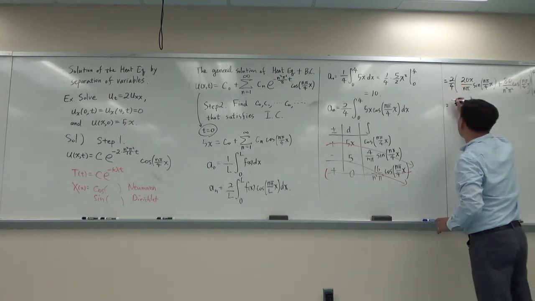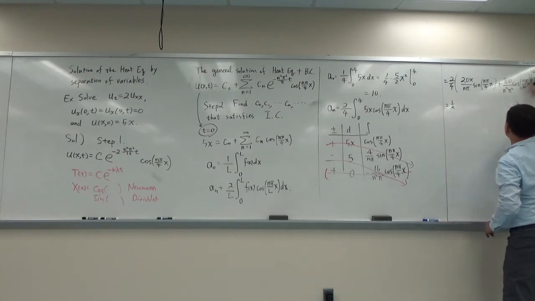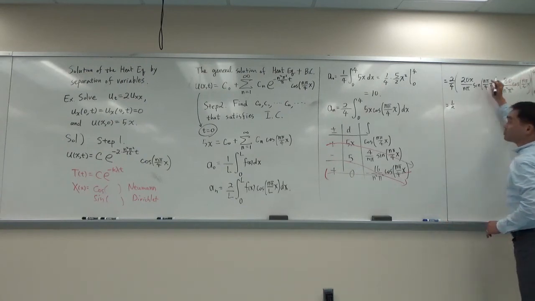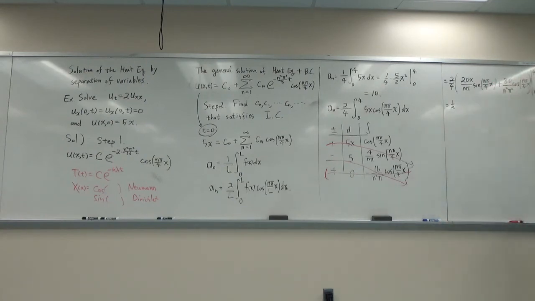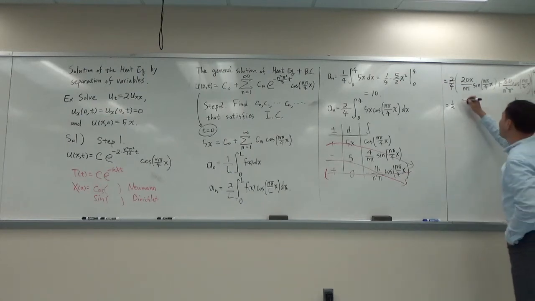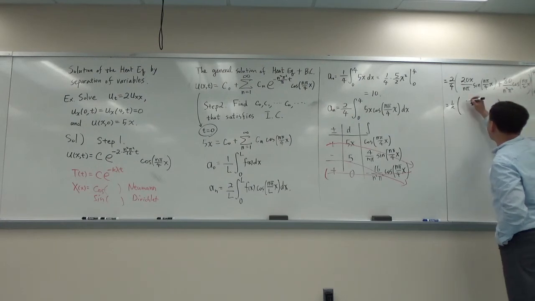Now 2 over 4 is 1/2. When 4 goes in here, you get sine n pi. What's sine n pi? 0. When 4 goes here, 4 and 4 cancel, you get cosine n pi. What's cosine n pi? Negative 1 to the nth power, right? So when 4 goes in there, you end up with 80 over n squared pi squared, negative 1 to the nth power.